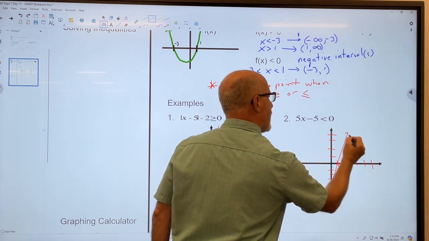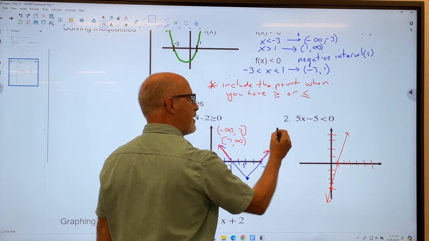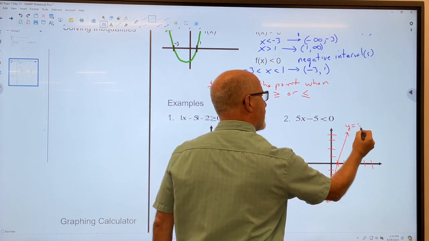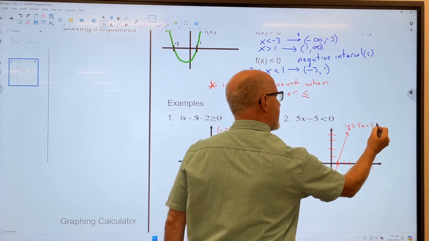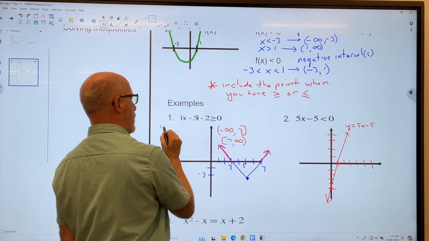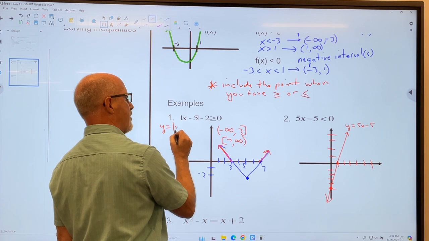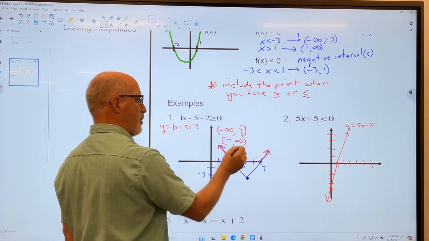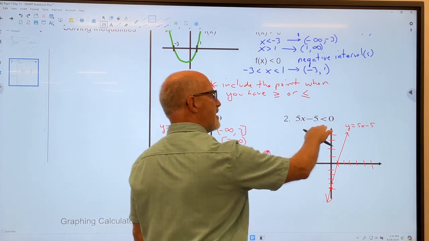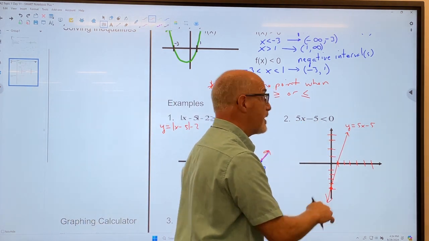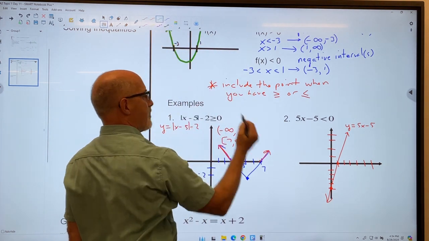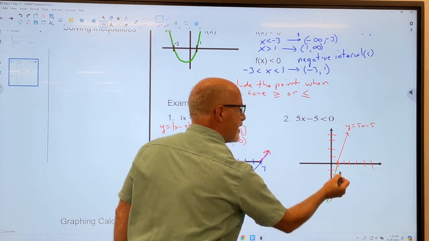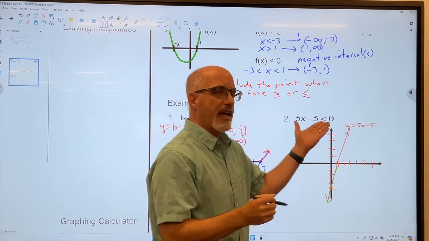I draw the line. Really what we're graphing for this one is y equals 5x minus 5. Just like over here, we graphed y equals the absolute value of x minus 5, minus 2. We graphed that one and saw when it was above the axis. This one we're going to see where it's below the axis. So here are the values below the axis, and we're looking for the x values.